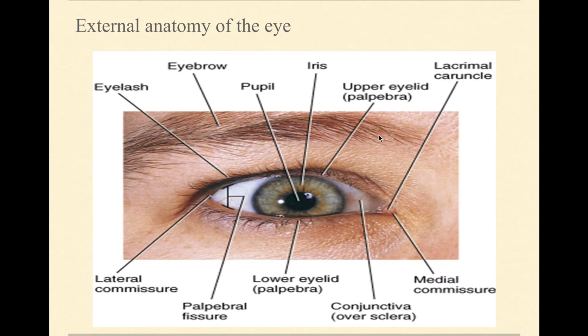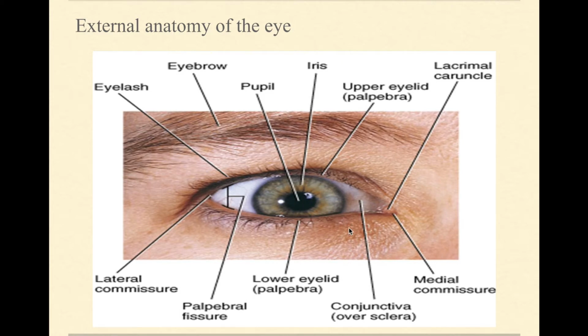We have the eyebrows. We have the pupil. It allows the light that strikes the retina. We have the iris, which is a thin structure responsible for controlling the size and the diameter of the pupil and the amount of light that will be entering the retina.